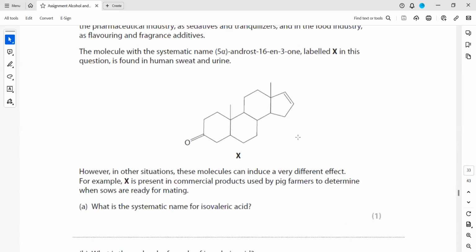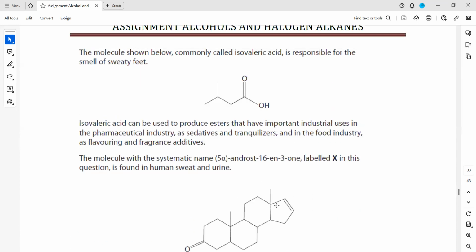So first, how many carbon atoms are there? Systematic name or IUPAC name is the standard name in which we count the carbon atoms and we name according to the functional group. So here 1, 2, 3, 4 carbons are there in the straight chain. So 4 carbons in a straight chain and this is a branch.